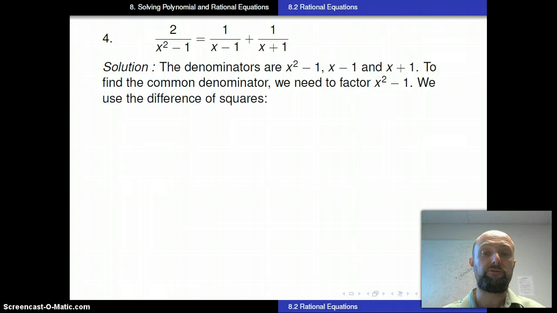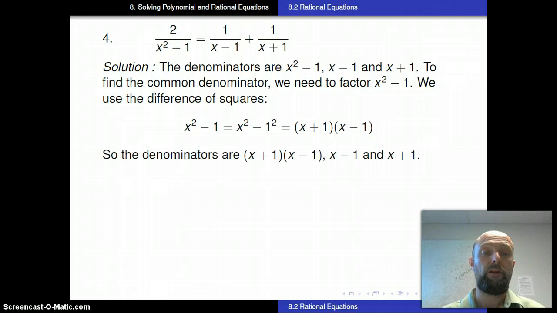We use the difference of squares. x² - 1 is x² - 1², which factors as (x + 1)(x - 1). So the denominators involved are (x + 1)(x - 1), x - 1, and x + 1. Hence the common denominator is (x + 1)(x - 1).